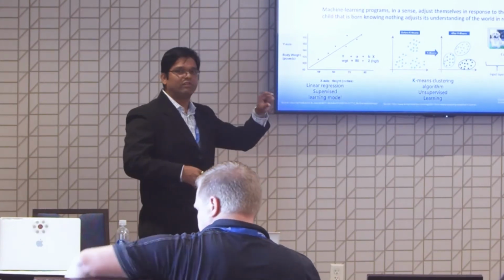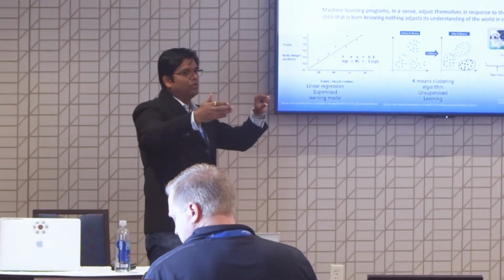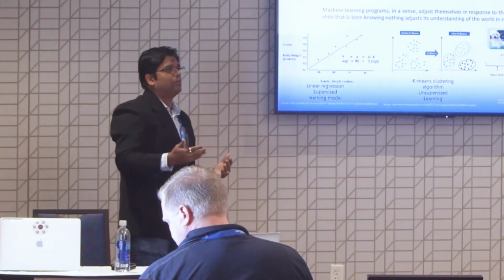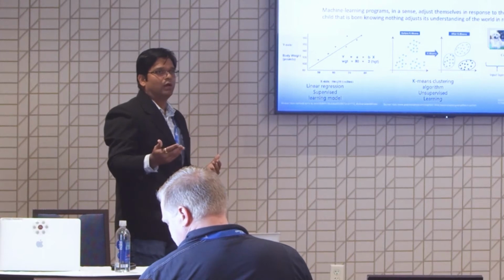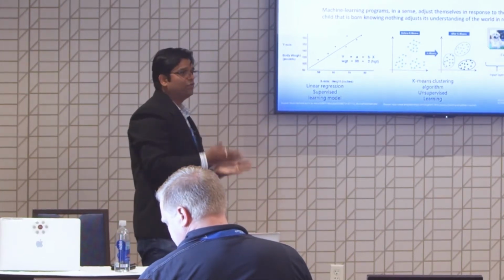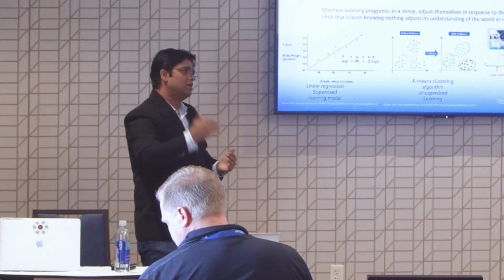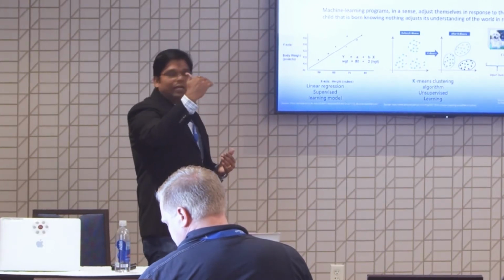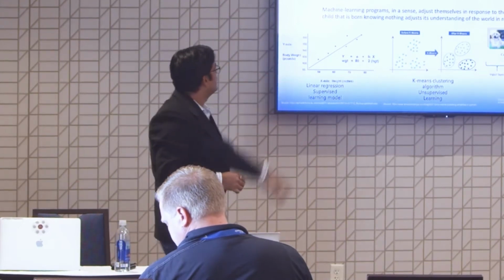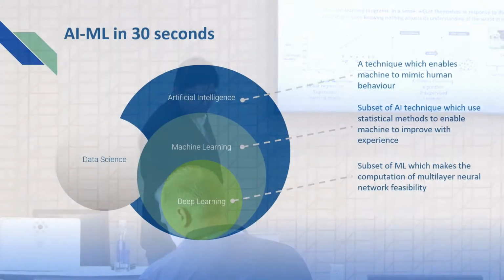You give the value of x and the equation gives you the value of y. For example, weight versus height: as you put in the value of height, the weight increases, right? We'll talk about those in a little more detail.